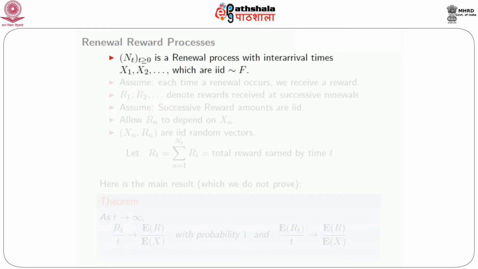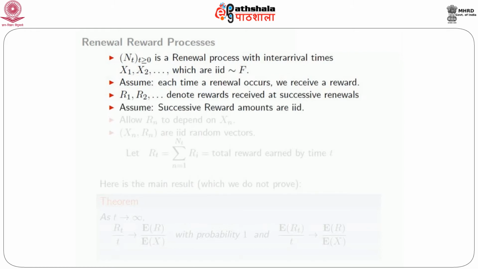So we have the usual renewal process with interarrival times X1, X2, etc., which are IID. Now where do the rewards come in? Assume that each time a renewal occurs, we receive a reward. So let R1, R2, etc. denote the rewards received at successive renewals. They are random. So assume that the successive reward amounts are IID, but we allow R_n to depend on X_n.